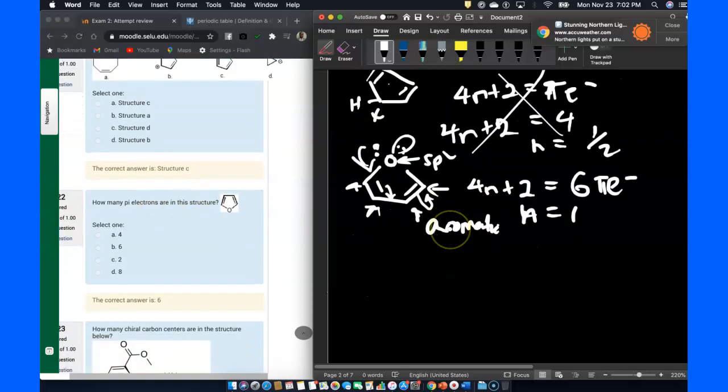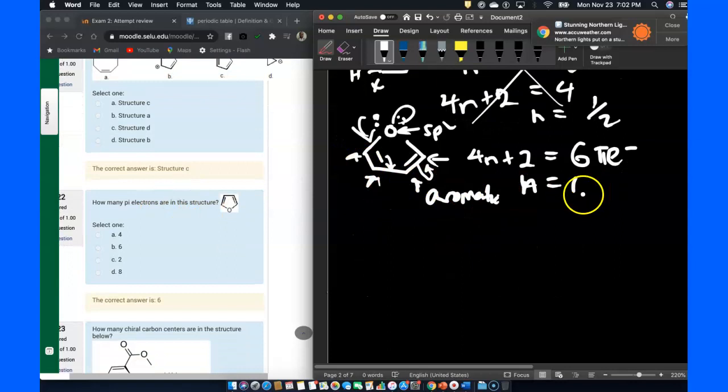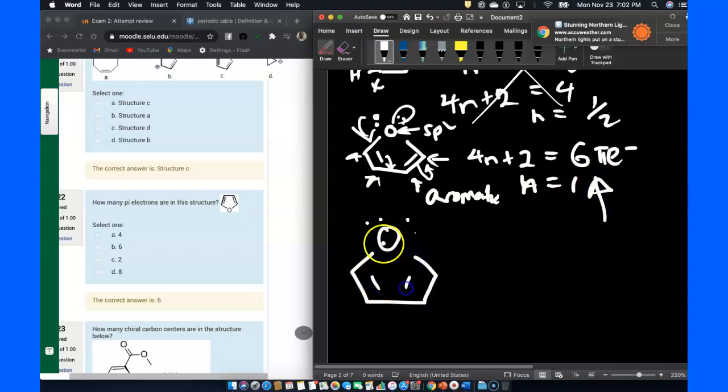How many pi electrons are here? I just explained you're gonna need to have 6 pi electrons. It's the same ring. One of the lone pairs on the oxygen will take part in resonance. So which means that lone pair is pi, because it affects the other pi electrons. When you push this there, this will be pushed here, and this will break and go here. So which means this lone pair is pi.